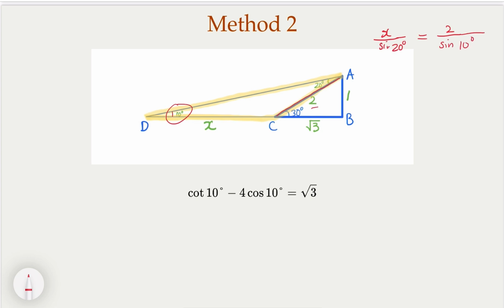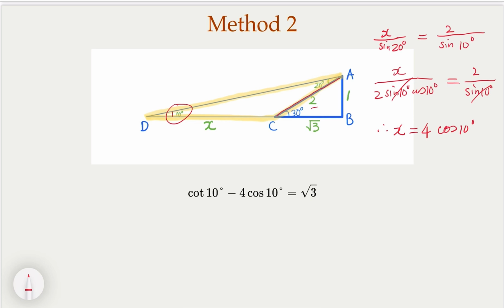Okay, but again, what is sine 20 degrees? It is actually equal to 2 sine 10 degrees cosine 10 degrees, right? So I'm going to rewrite this equation here, and you're going to cancel here. What you get is x, in this case, equals 4 cosine 10 degrees.